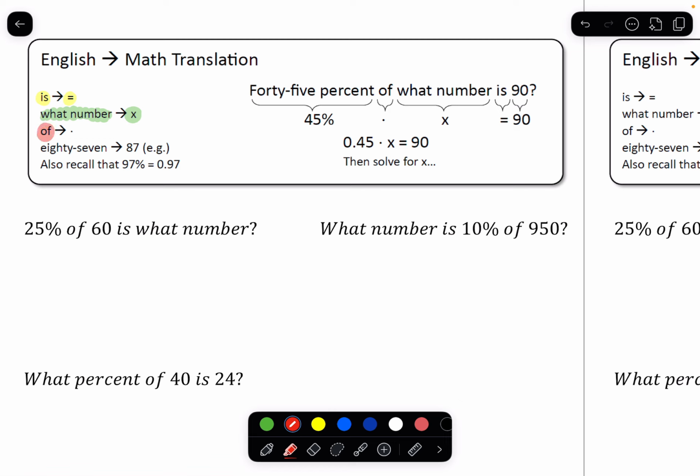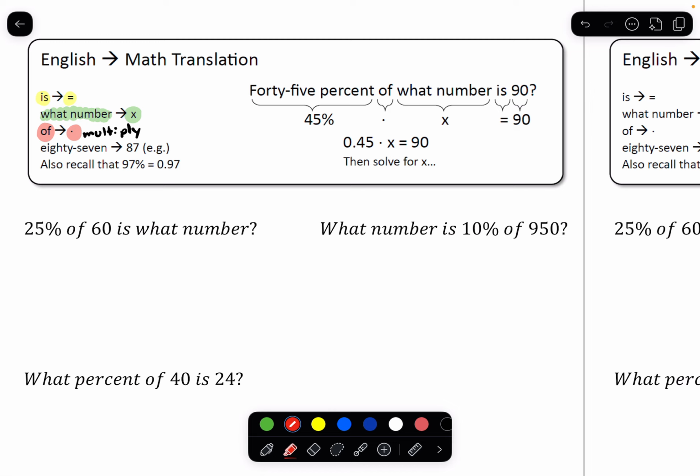The word of in math means multiply. And if you need to, you might want to write multiply next to that dot. It's just a random dot floating, and it might be hard to notice that it's a multiply dot, right? So of means multiply. 87, I love this, that we put this on there. 87, believe it or not, means 87.